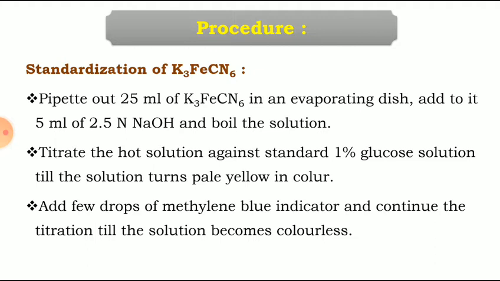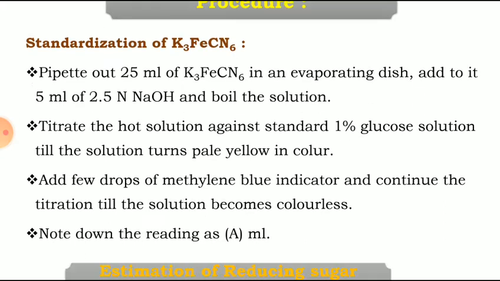Here we will get the end point of this standardization part. Note down the reading as A ml. Here we are going to take the reading from the burette, that is A ml. This is the first part of this Colles ferricyanide method. Here we are getting the first reading, that is A ml.